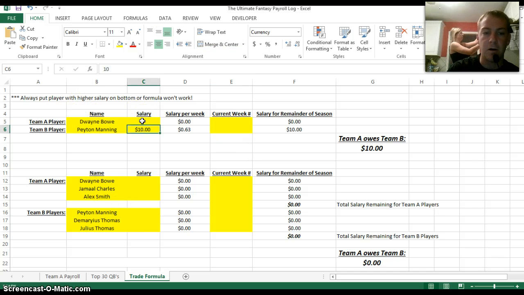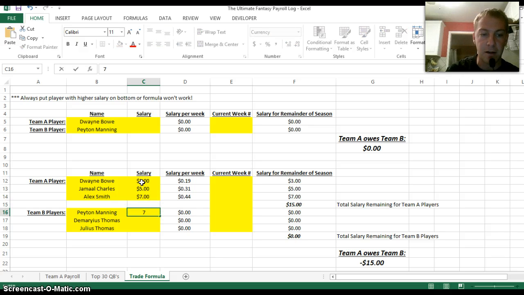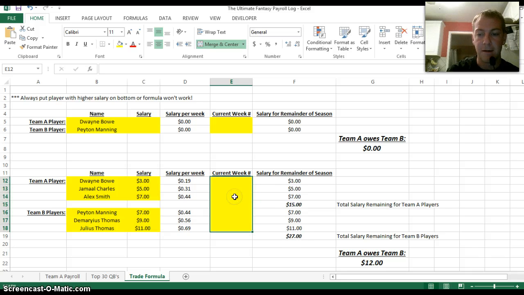And then also you can do this with multiple players if you'd like. So let's say Dwayne Bowe is worth 3, Jamaal Charles 5, Alex Smith 7, and you want to trade them for Peyton Manning 7, Demaryius Thomas 9, and 11 for Julius Thomas. That's what it would be like if you did it at the beginning of the season based on the 16-game season.